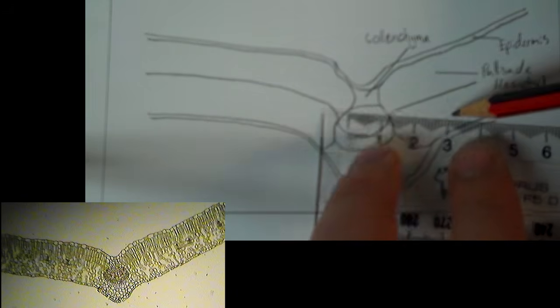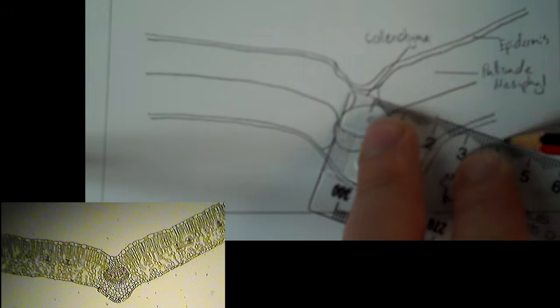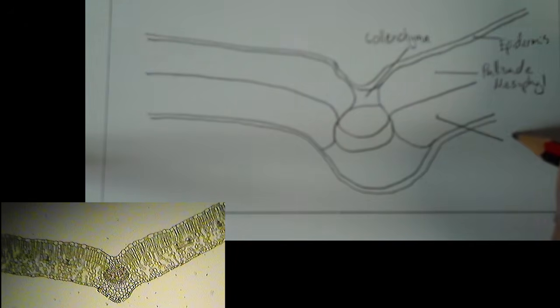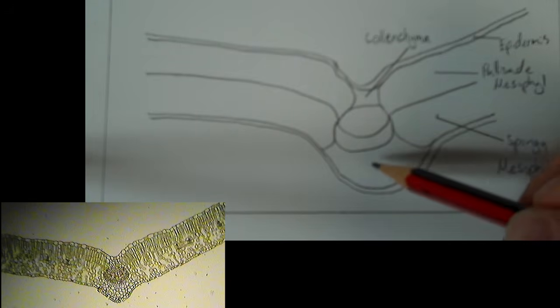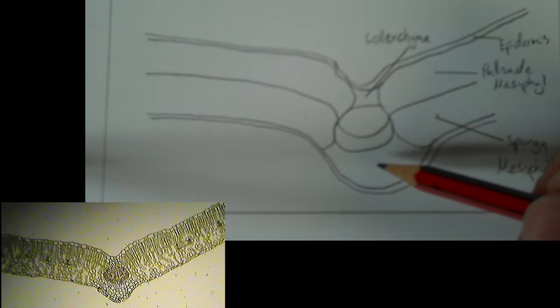The next layer here, we've got our spongy mesophyll. Oh, the line wasn't too great there. Spongy mesophyll. Down the bottom, this tissue down the bottom is probably a mixture of collenchyma and parenchyma.